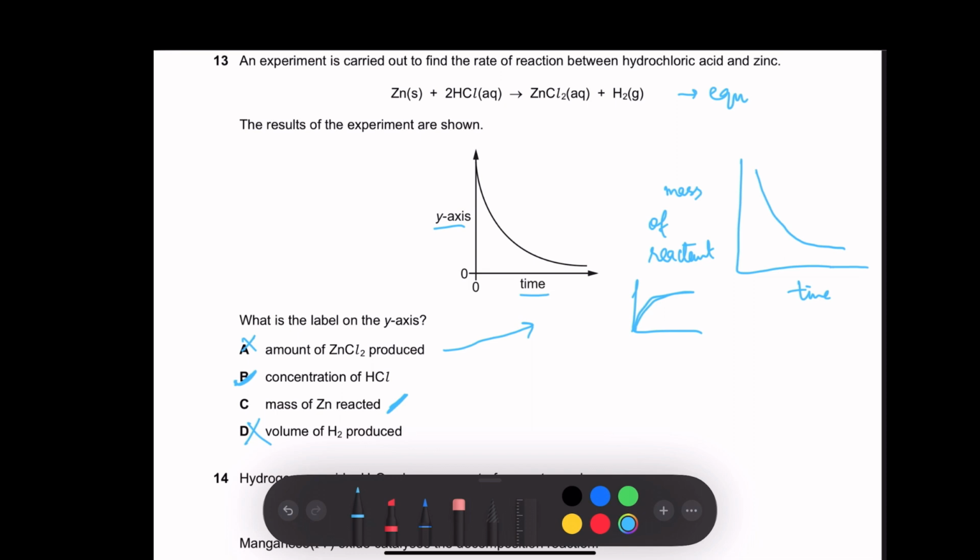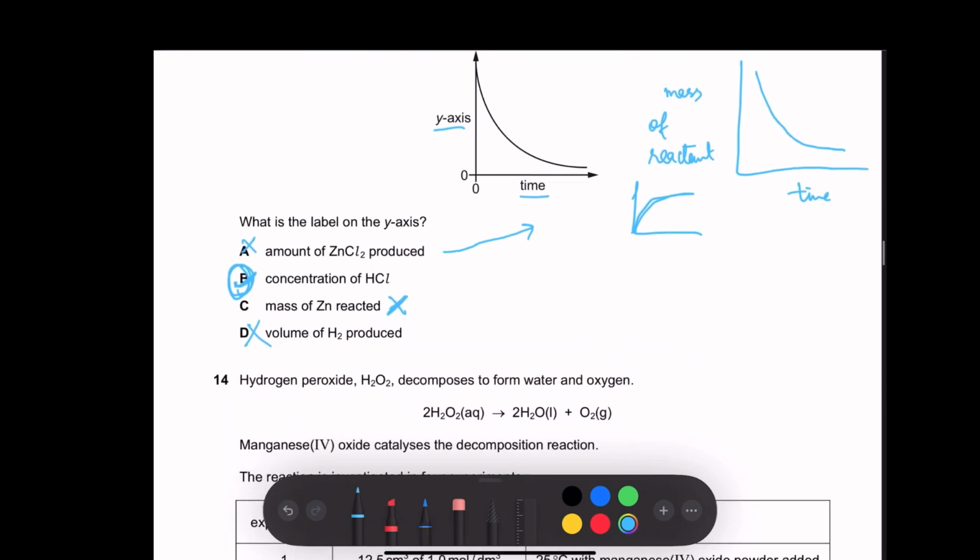Like more and more mass of zinc will react as time proceeds. It's not lost in mass or something. They're saying mass of zinc that has reacted, so it will increase as the reaction proceeds. So this is wrong. So B is the option. The concentration of HCl will decrease with time.